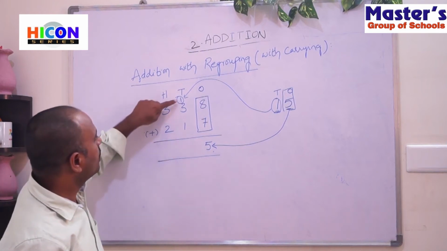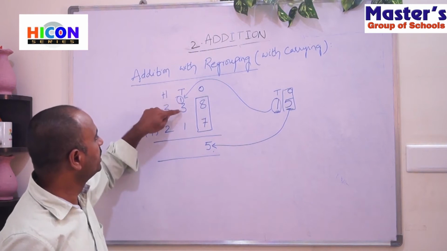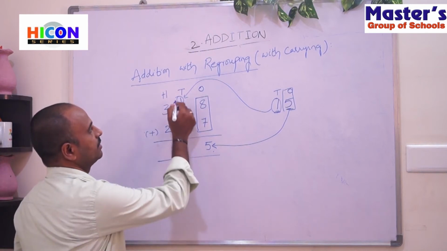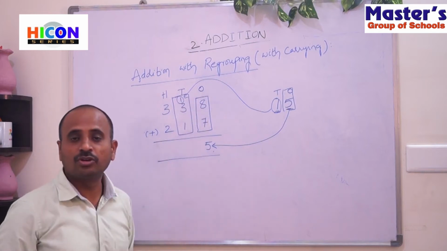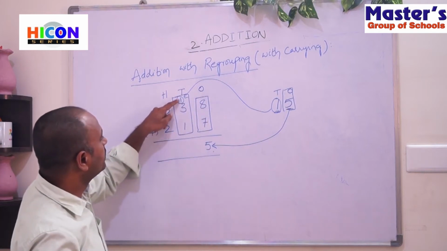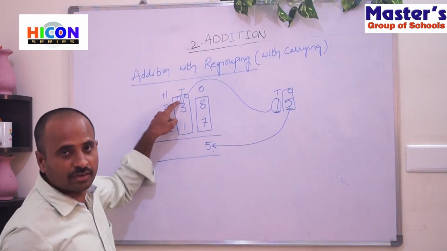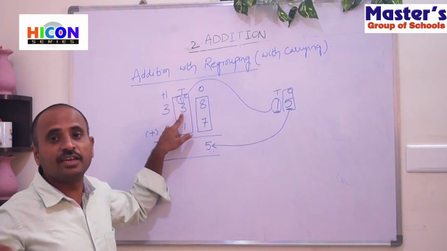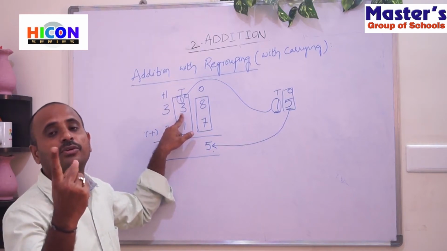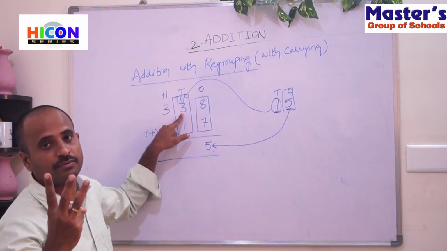Now there are 3 digits in the tens place. Now we have to add these 3 digits. Here the first digit is 1 and the second digit is 3. Lift 3 fingers of your hand: 1, 2, 3. Start counting after the first digit.